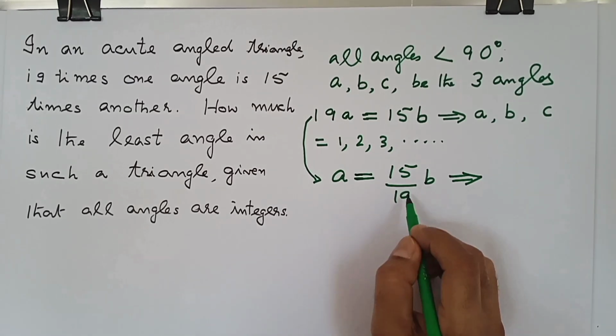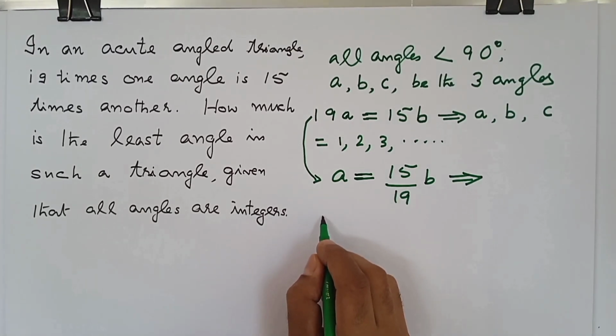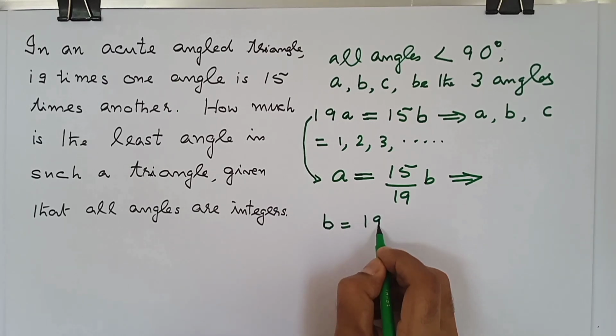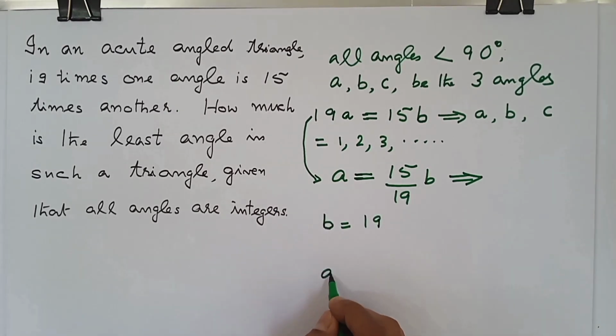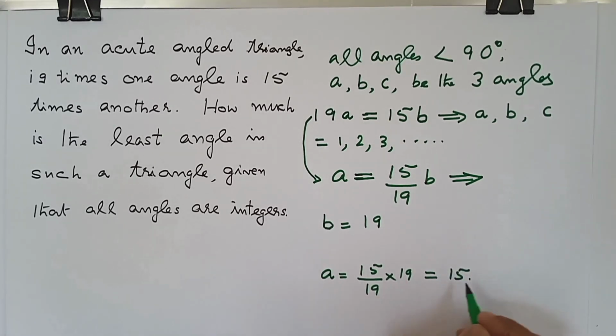So B has to be a multiple of 19. So what are the possible values of B? The first value is 19, corresponding to which you can find out the value of A. How do you find that? 15 by 19 into 19. These two cancel out. You get 15.